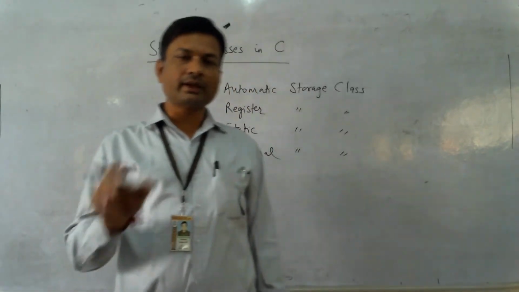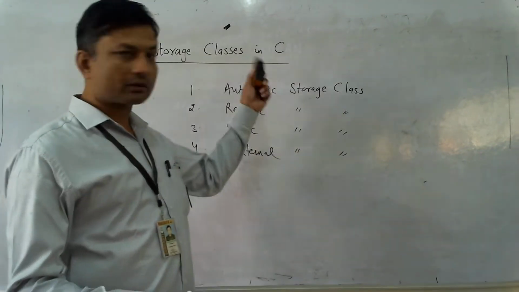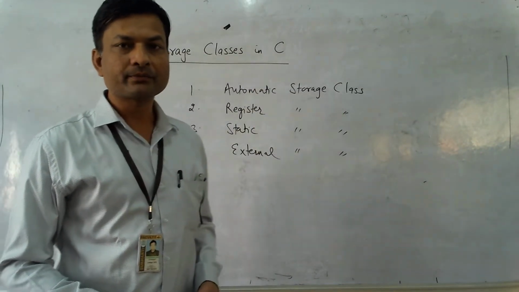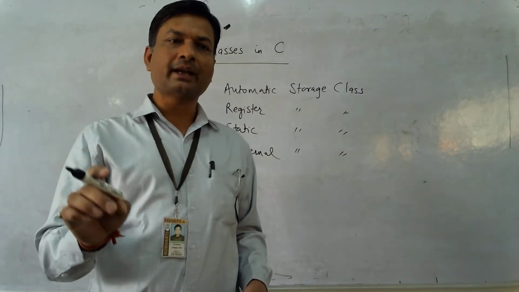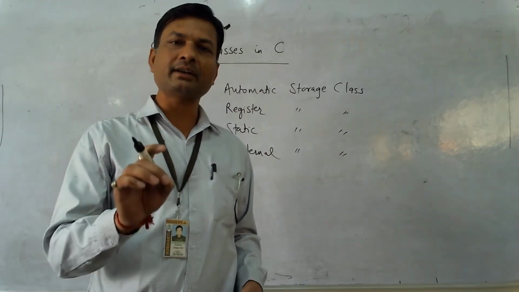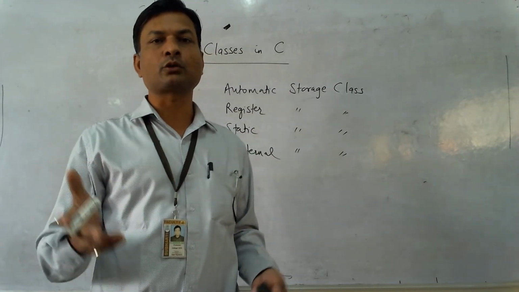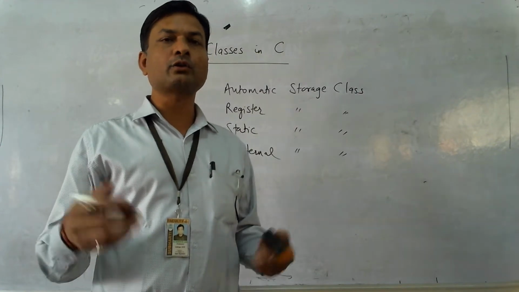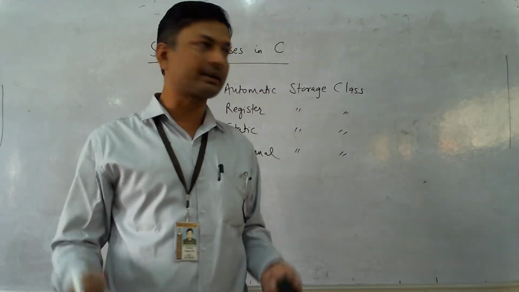Actually, we have declared variables many times before reading this topic. You have used the name of the variable and data type only. Each variable must have a data type, either an integer, or a float, or a double, or a character.